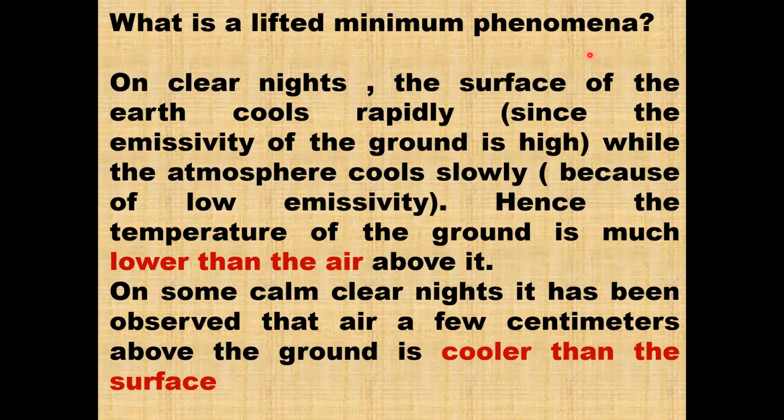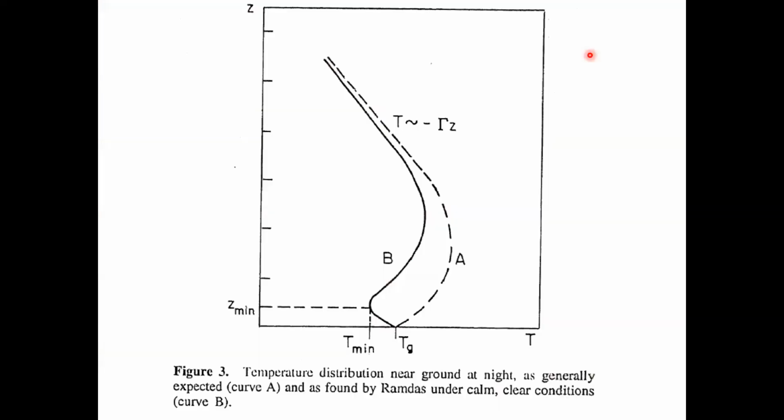And when this was discovered, people didn't believe it because this is such a rare phenomenon. So here is a sketch showing, in dashed line, the normal temperature at night, and the solid line is on nights when the lowest temperature is not at the ground but a few centimeters above it.